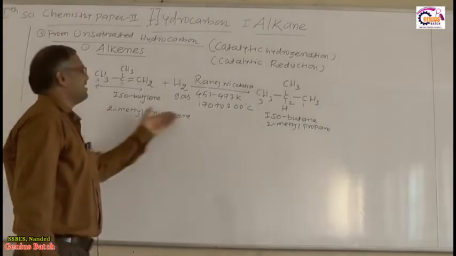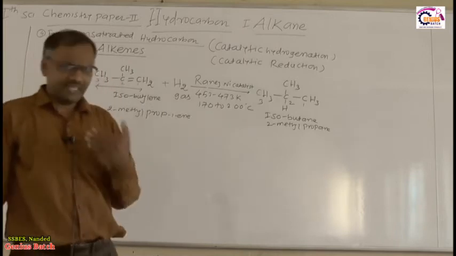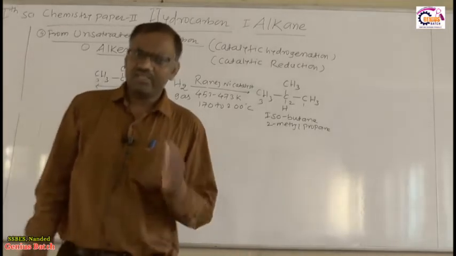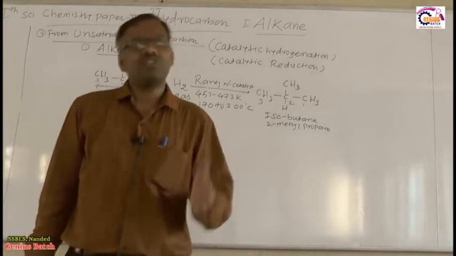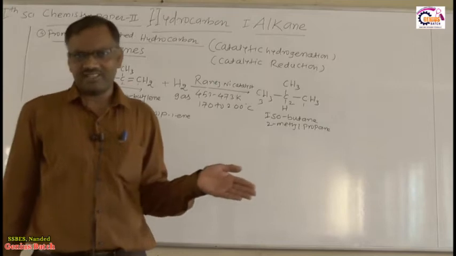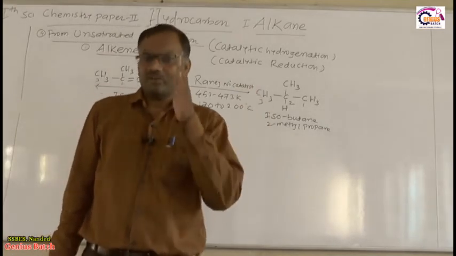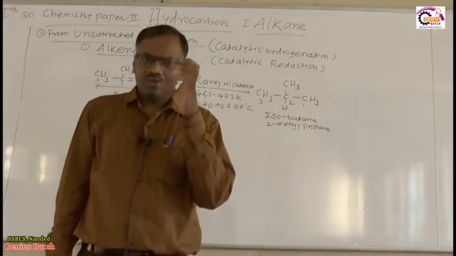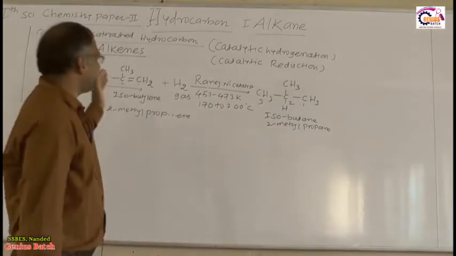The next examples of alkenes are n-butylene, butene, then pentene, which you have seen in the IUPAC nomenclature topic. At home you have to complete the next examples.